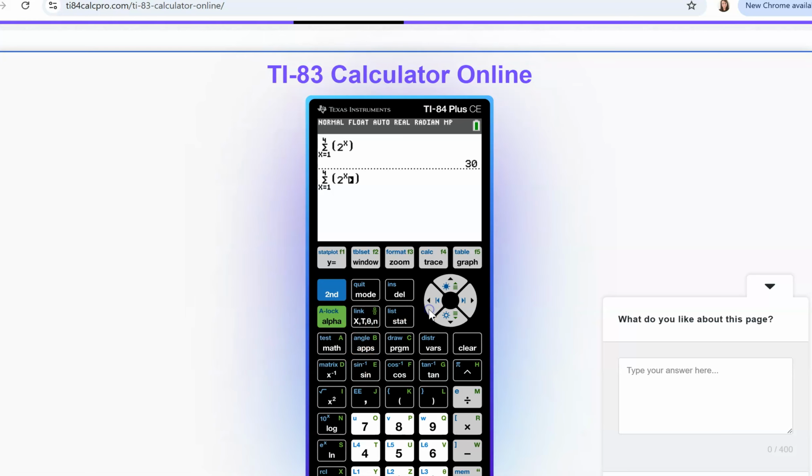All we're doing is just changing the top part, the bound. We're going to change this to 10.